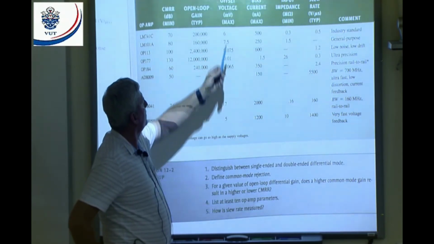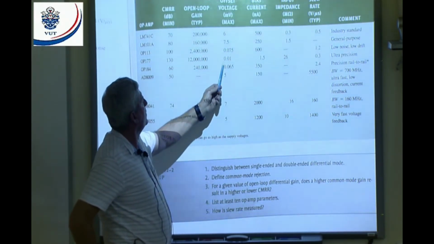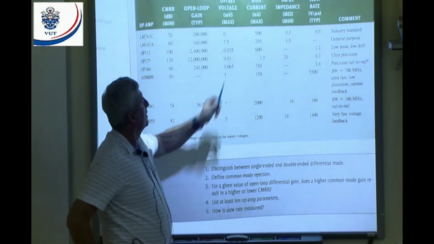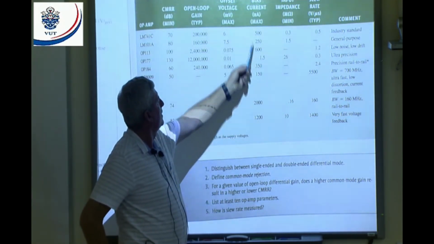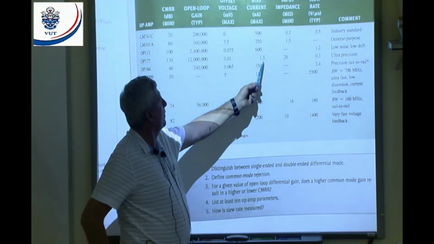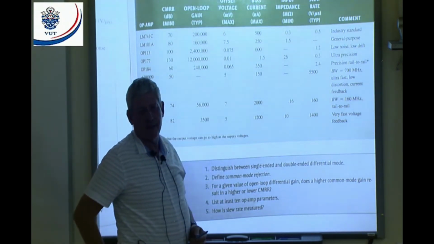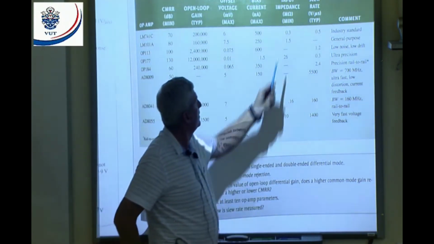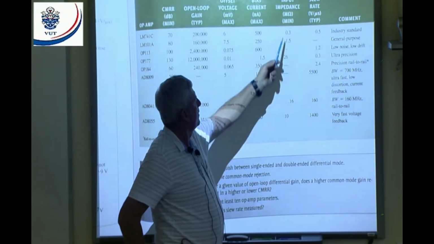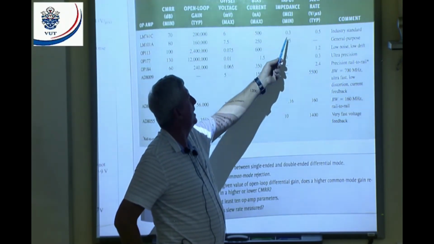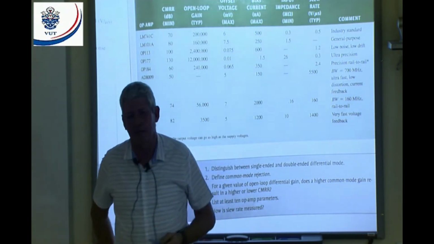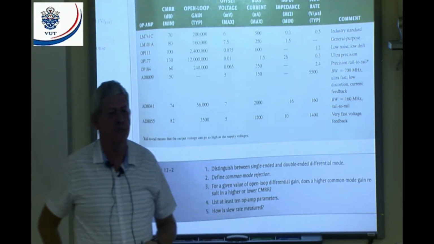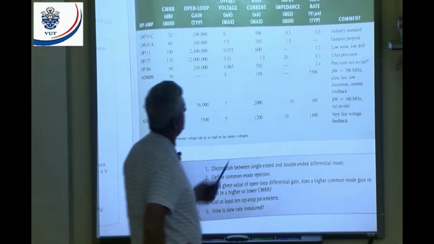Input offset voltage, the maximum value, 0.01 millivolts maximum. Input bias current, 1.5 nanoamps instead of 500 nanoamps, all right? Maximum value. The input impedance, there we had a minimum value of 0.3 megohm. Here we have a minimum value of 26 megohms. Now 26 megohms is a fairly high resistance.